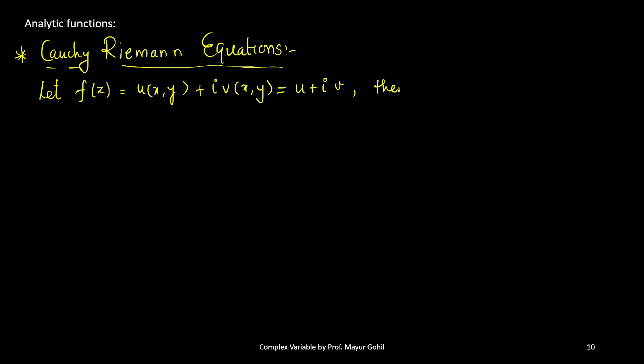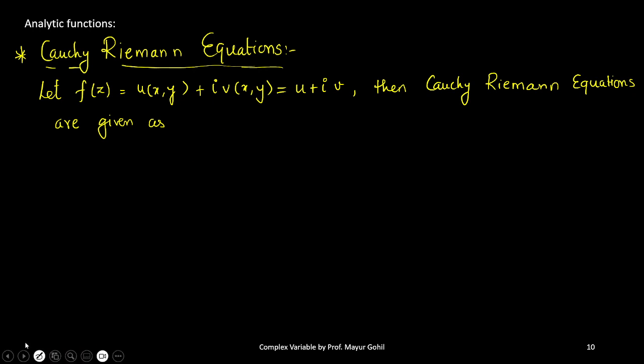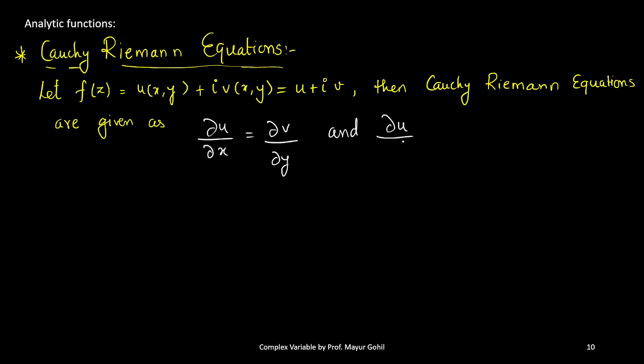Then the Cauchy Riemann equations are given as: del u by del x is equal to del v by del y, and del u by del y is equal to minus of del v by del x. These are the two equations.